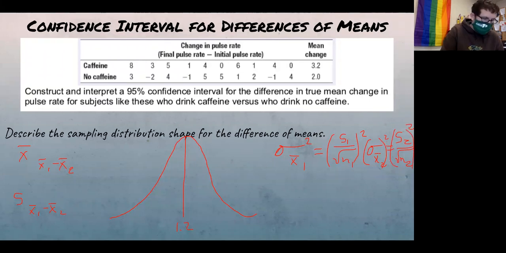This is making sense. So let me just show you real quick what this is going to look like. When we have our standard deviation of a sampling distribution of a difference of sample means, it's going to be a square root, because we have to square root it at the end to get back to standard deviation. But we're going to end up with S sub 1 squared over N sub 1 plus S sub 2 squared over N sub 2.